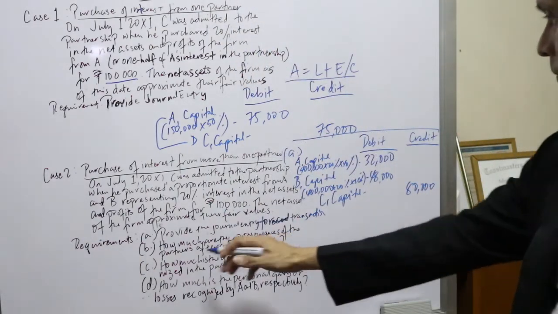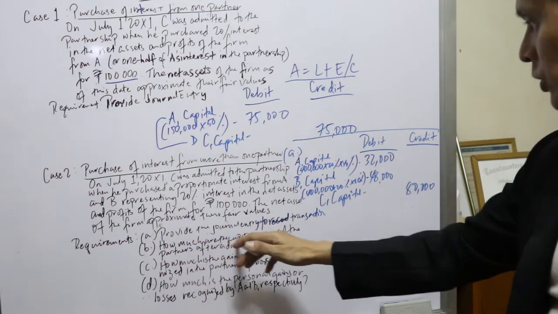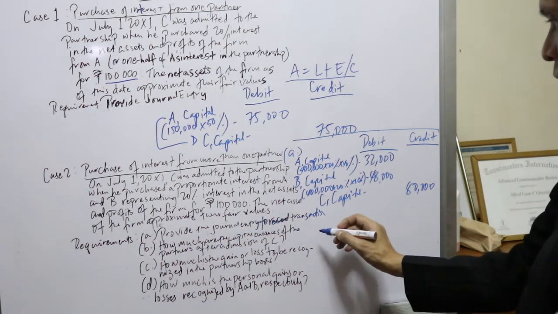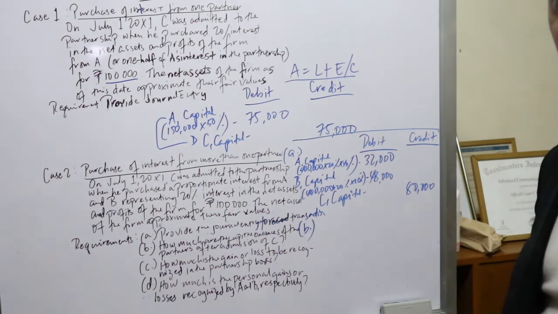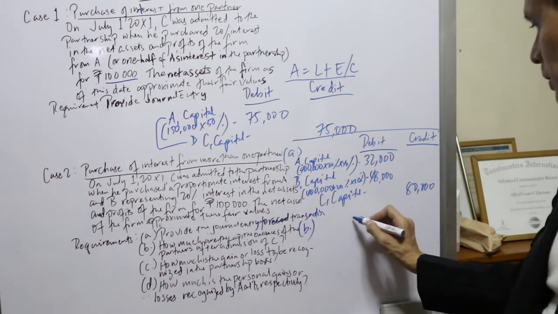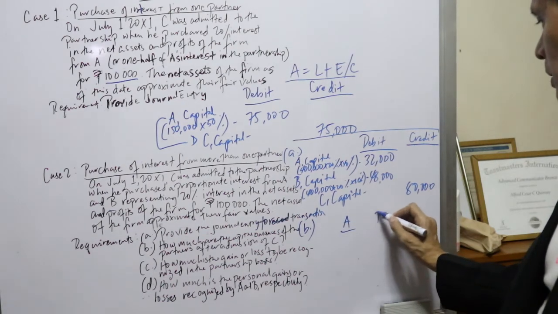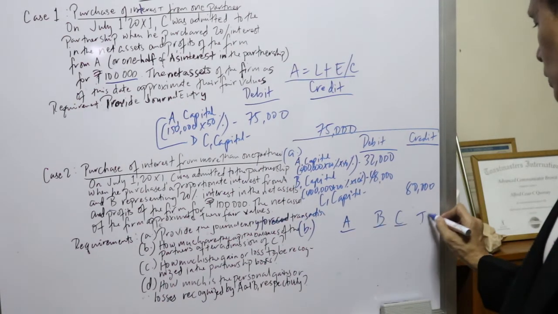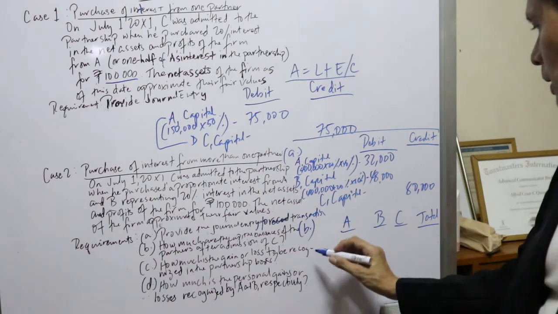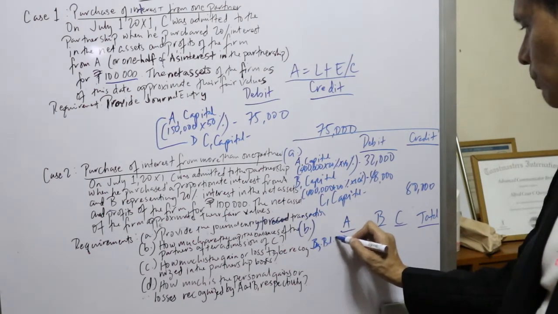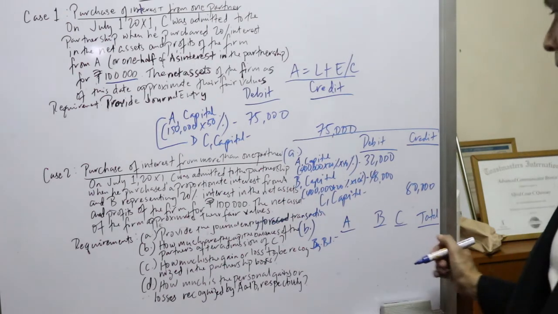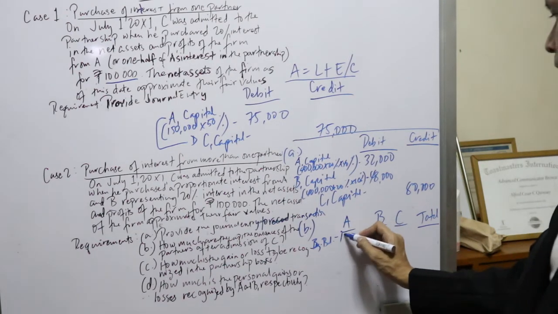So how much are the capital balances of the partners after the admission? So gagawa lang tayo dito. This one is A, B, and C. And this one is the total. Now, the beginning balance would be, for A, that would be 150,000.